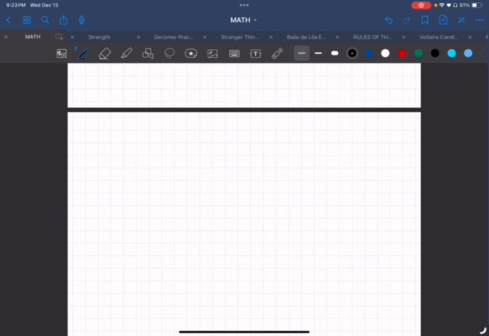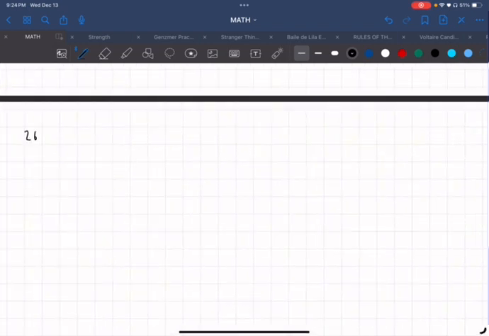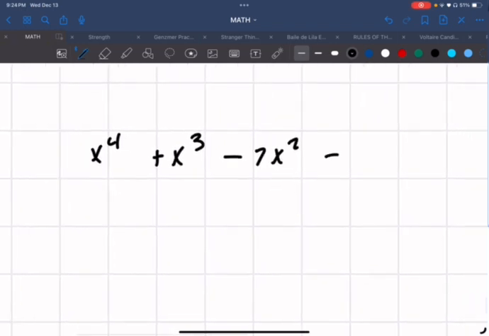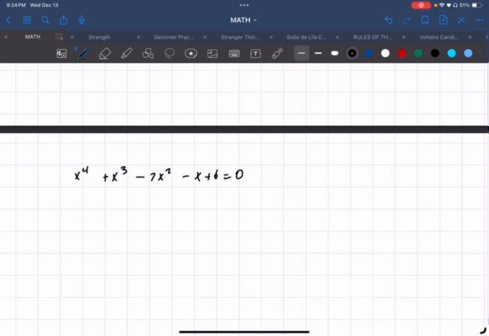Okay, this is gonna be annoying. Let's try. Okay, so we have to find all solutions of this equation.